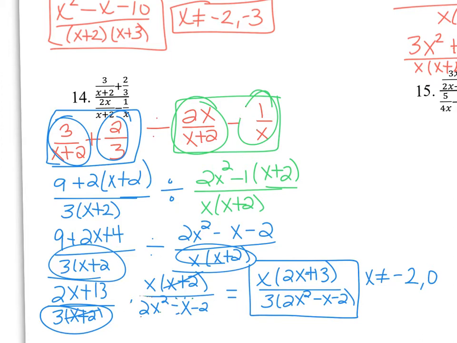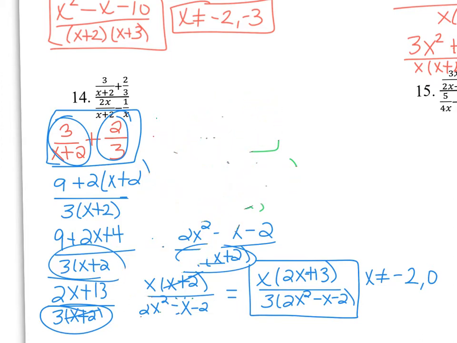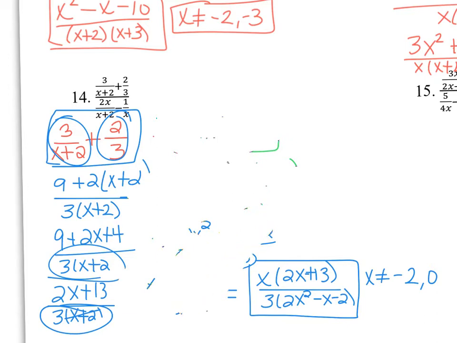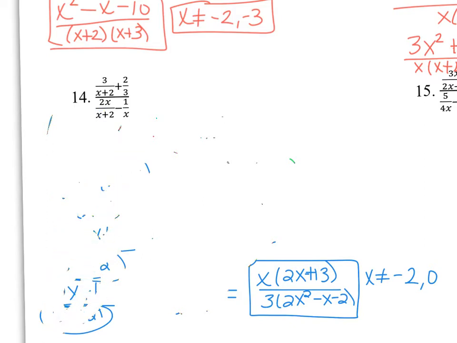Another way I can do it, let me now take a couple seconds to erase all this, is to multiply the top and the bottom of your fraction by a common denominator. I'm just going to leave my answer to show you we get the same thing.